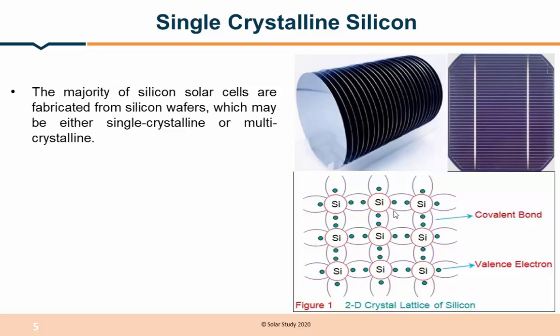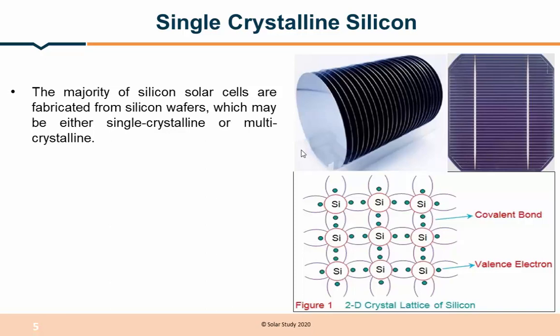These atoms combined together make one silicon ingot. After slicing that ingot, you get this circular-shaped silicon wafer. This circular shape is called a wafer. After different techniques, we deposit some impurities, like n-type impurities, on this wafer. Then it will form this solar cell. This is just a glimpse.